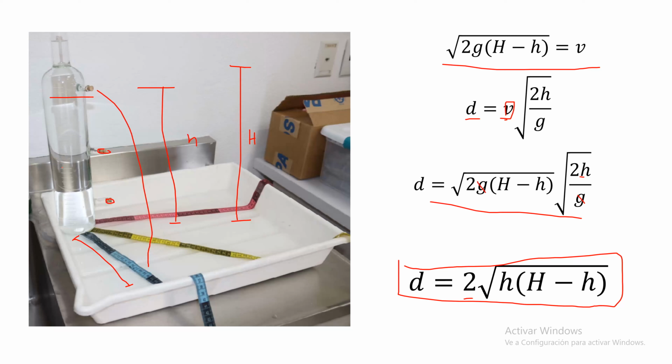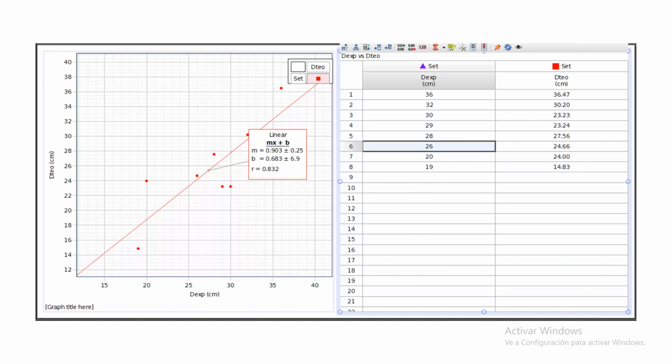Here you can see it has some markings, this bottle of water, in order to know the level of the water at any point. Okay, so what we did was get these points and compare them theoretically with the formula we just saw and the experimental distance you got from the measuring things.